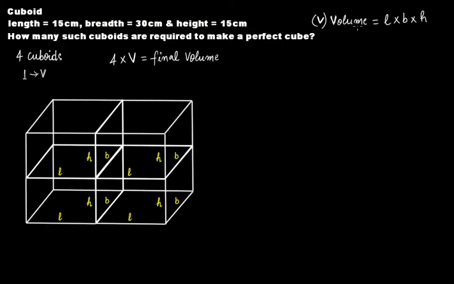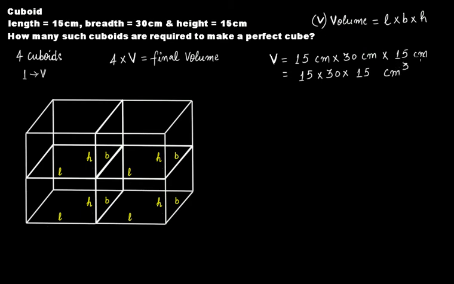Now, using this formula, the initial volume V is equal to 15 centimeter times 30 centimeter times 15 centimeter. It means it's 15 times 30 times 15 centimeter cube.